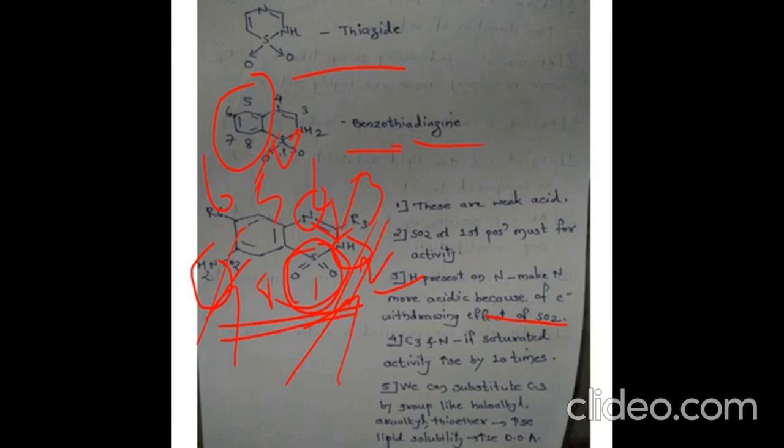Next, R3 at the third position can be substituted with groups like haloalkyl, aralkyl, thioether. If we substitute these groups, lipophilicity increases and ultimately it gives a better duration of activity. So these are the points which come under the SAR.